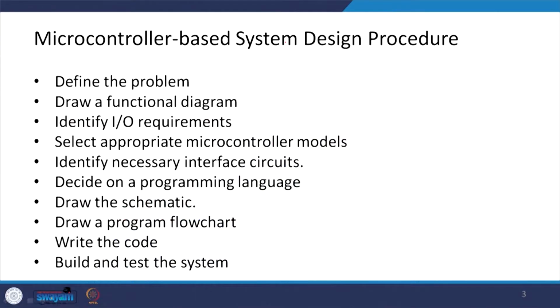Okay. So, the microcontroller based system design procedure actually consists of defining the problem and then drawing of a functional diagram, identifying what are our input output requirements, then selection of the appropriate microcontroller model and identification of necessary interfacing units, circuits, and deciding on what programming language we want to program the system, drawing of the schematic diagram and a program flow chart, and finally writing a code and building and testing the system.